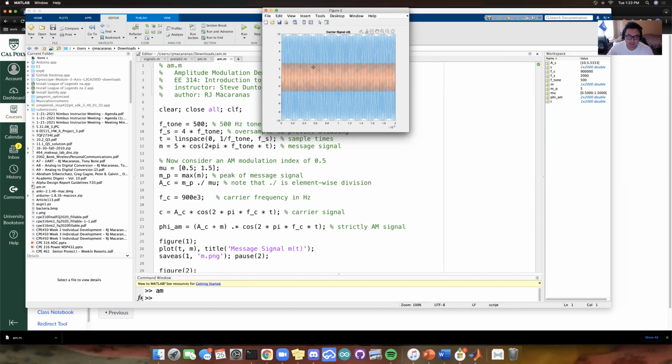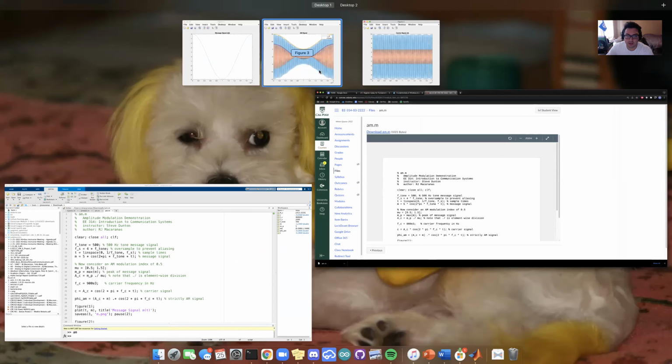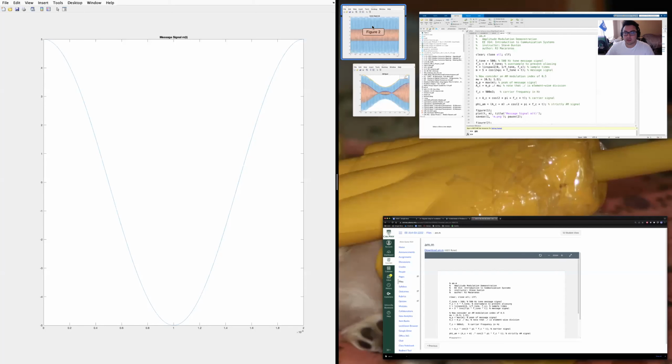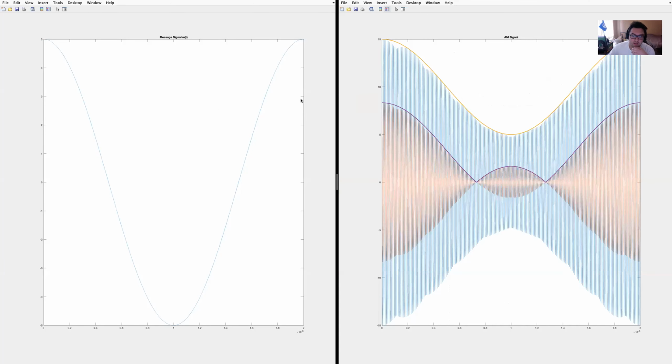So you'll see in blue, we have 0.5, which indicates that the amplitude of our carrier is sufficient. And you'll see here, when the amplitude of the carrier is high enough, we are able to retain our information.